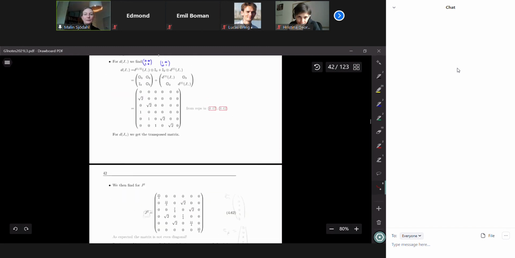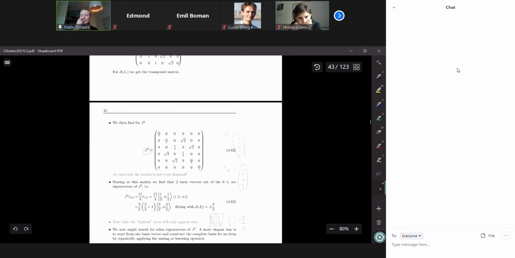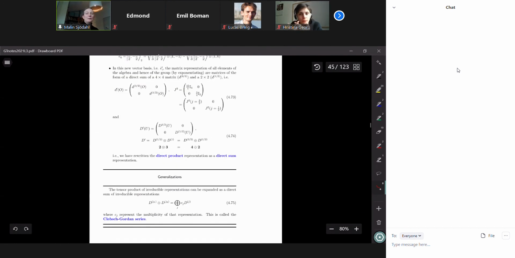But if not, to wrap up, the point is that we have once again taken the direct product representation and made it into a direct sum representation. The direct product representation itself was ugly and messy. The A square was not even diagonal, etc. But it can be turned into a direct sum representation where we have matrices on a block that corresponds to the 3/2 representation, and on a block that corresponds to the 1/2 representation.